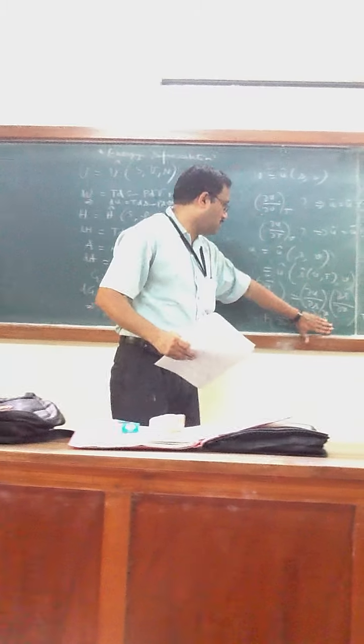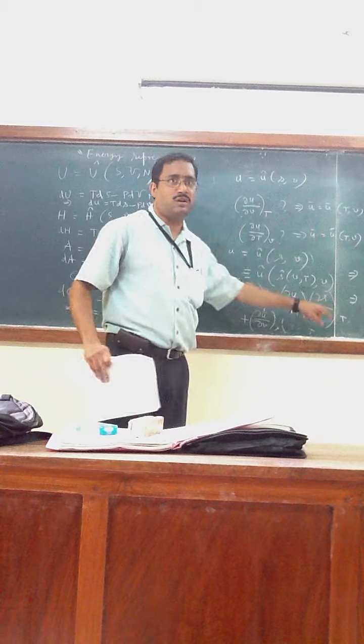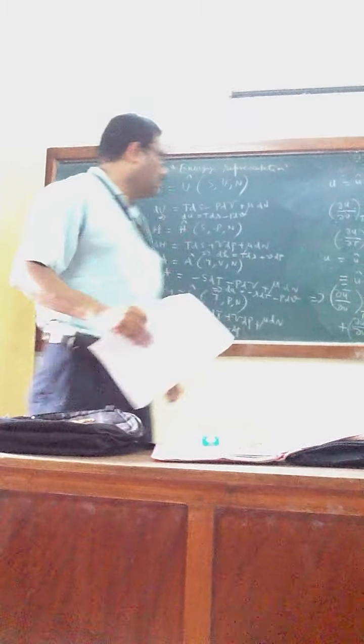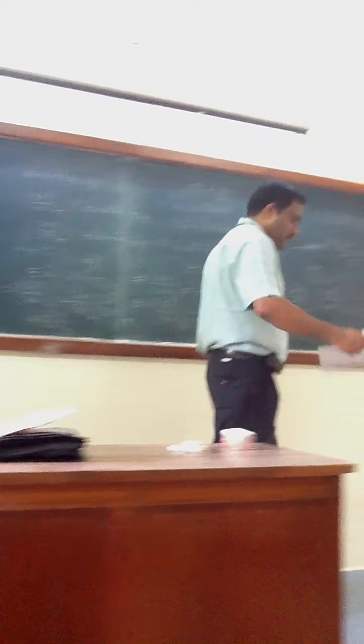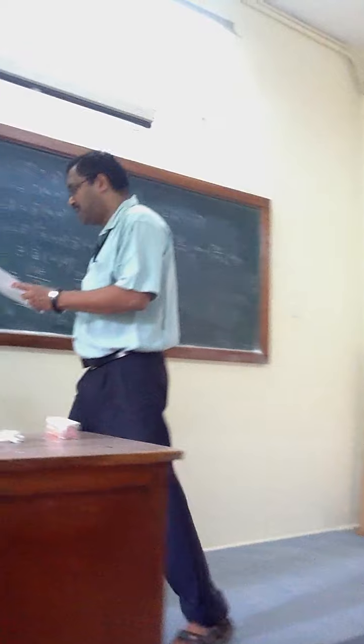So this will go to 1. So that's the formula: ∂ū/∂v at fixed t is nothing but ∂u/∂s at v times ∂s/∂v at t, plus ∂u/∂v at s.